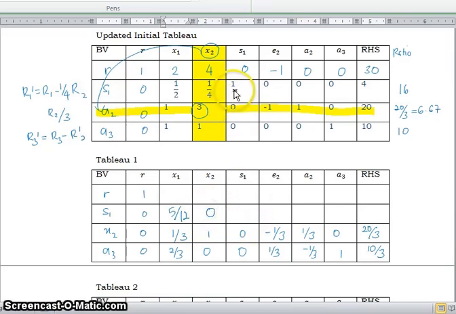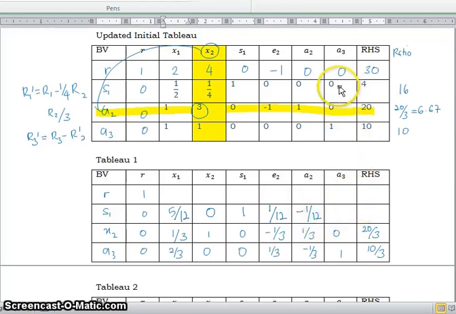S1, 1 minus 1/4 times 0 is 1. For E2, 0 minus 1/4 times negative 1/3 equals 1/12. For A2, 0 minus 1/4 times 1/3, it equals negative 1/12.